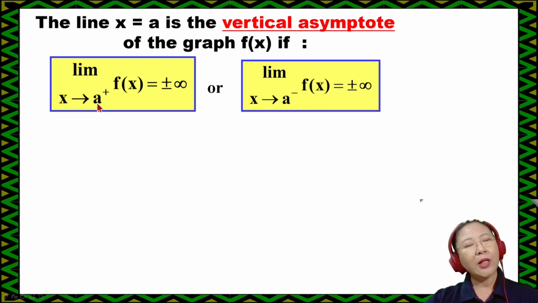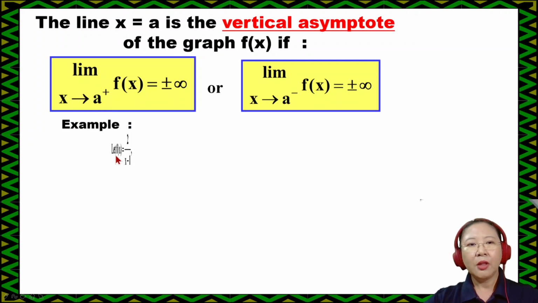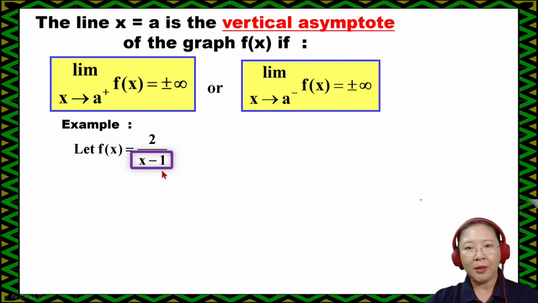So now you will be asking me, well, teacher, what's the A? So the A is, let's say we have a rational function like this, the A, most of the time we will refer to the denominator.